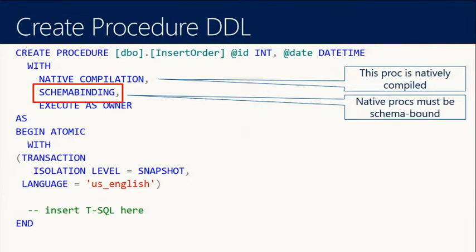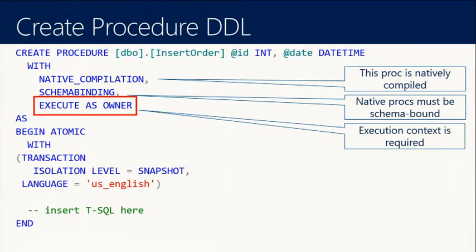We don't want the schema to change underneath. For example, we cannot tolerate a table all of a sudden being dropped underneath, because we want to optimize the access paths as much as possible. The access to the table DLL is hard-coded in the stored procedure DLL, so we cannot tolerate this just disappearing. Therefore, it needs to be schema bound.